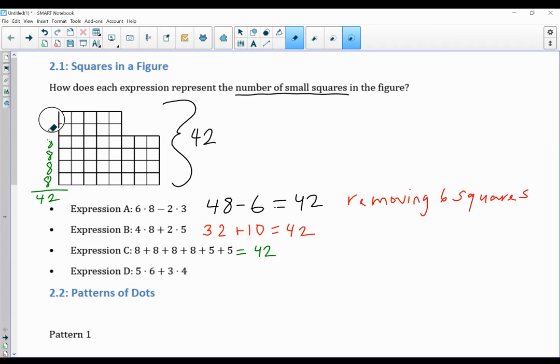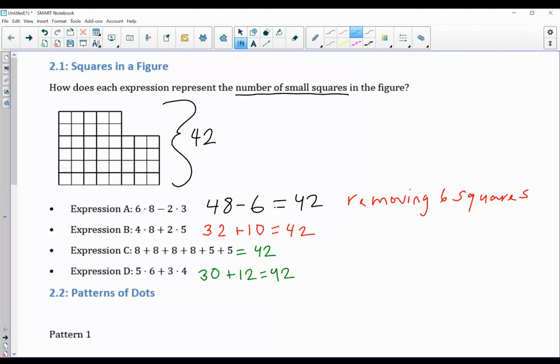For expression D, we see we have 5 times 6, which gives us 30, plus 3 times 4, which gives us 12. So now that we have that, what we're going to look at is that there are 5 columns that have 6 squares.